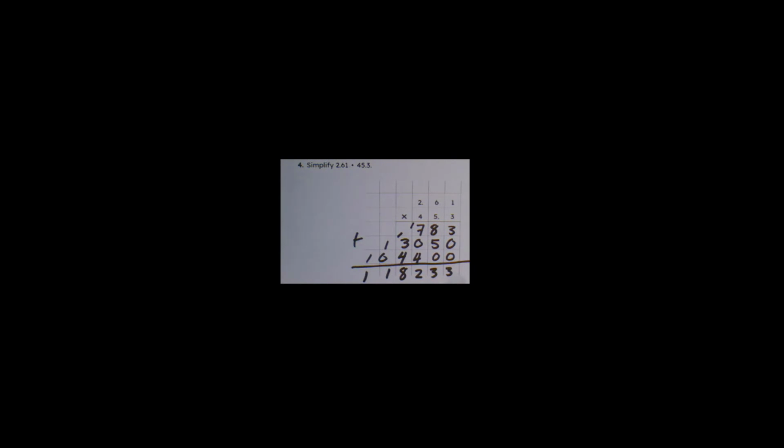Same exact numbers as last time, but this time I have 2 scoops and 1 scoop, so I have 3 in total. Hundredths times tenths gives me thousandths. So it makes sense that my answer is 118 and 233 thousandths, reading the last position there.